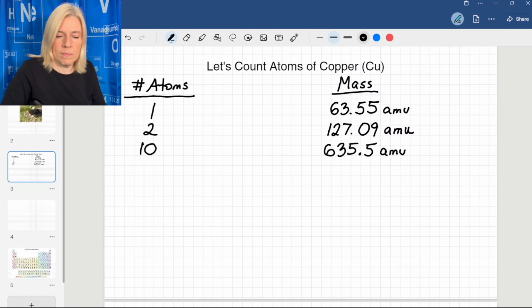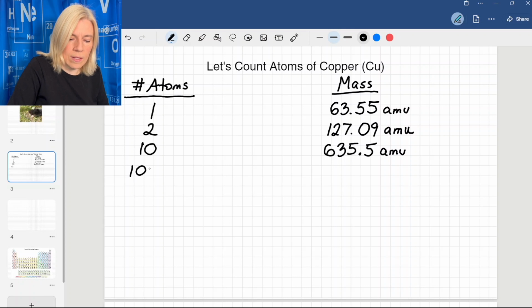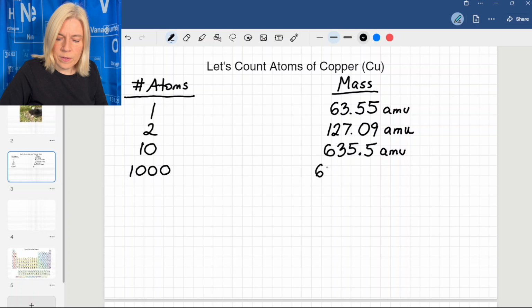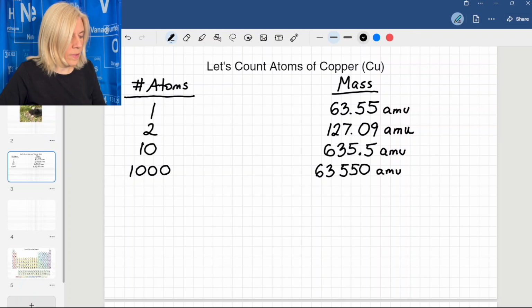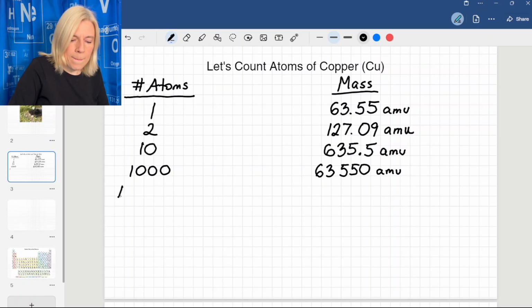Okay, let's keep going. 1,000 atoms of copper. 1,000 atoms. Wow, that becomes 63,550 AMU. Okay, let's do 1 billion.